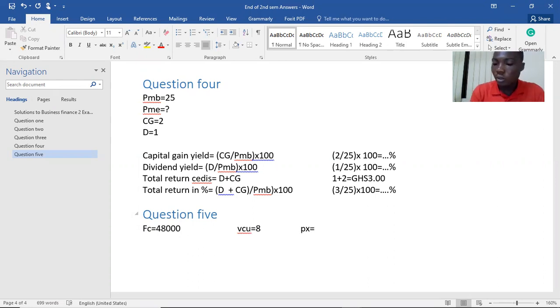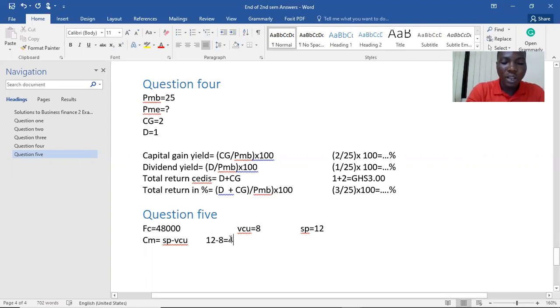BX is equal to 12. Now, you find what you call the contribution margin. Contribution margin is given as your selling price minus the VCU. So 12 minus 8 is equal to 4.